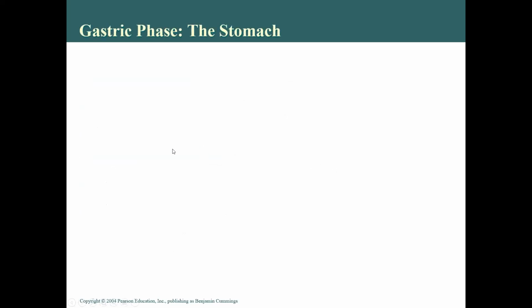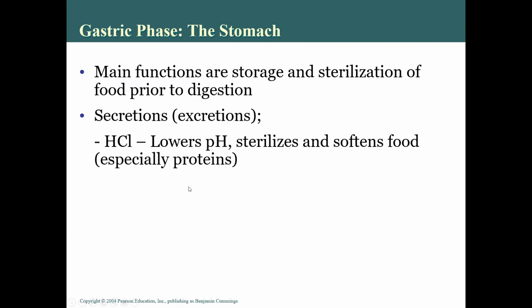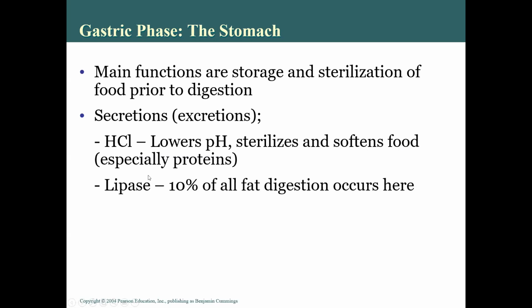All right, the stomach: its main function is the storage and sterilization of food prior to digestion. So it doesn't do a big job of digesting. Whether the secretions or excretions go into the stomach, it is outside the body. Hydrochloric acid lowers the pH, increasing acidity, sterilizes the food, and softens it by unfolding the proteins. Lipase: 10% of fat digestion occurs here.